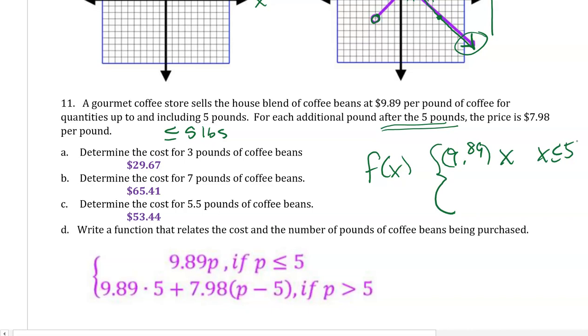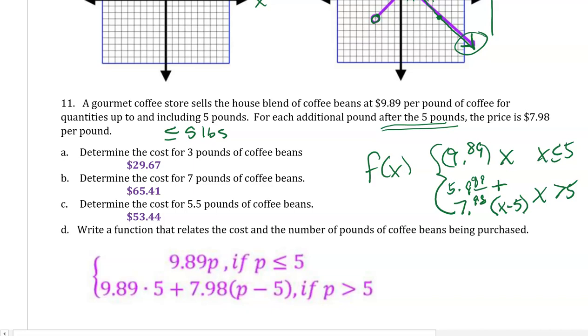For each additional pound after 5 pounds, the price is $7.98 per pound. So when x is greater than 5, we'll have 5 times 9.89. That's the first 5 pounds. Plus 7.98 times x minus 5.